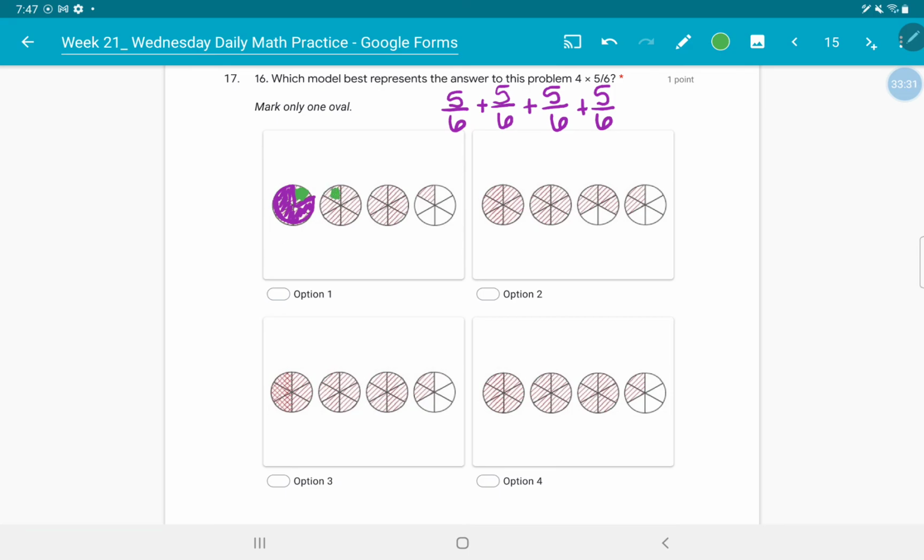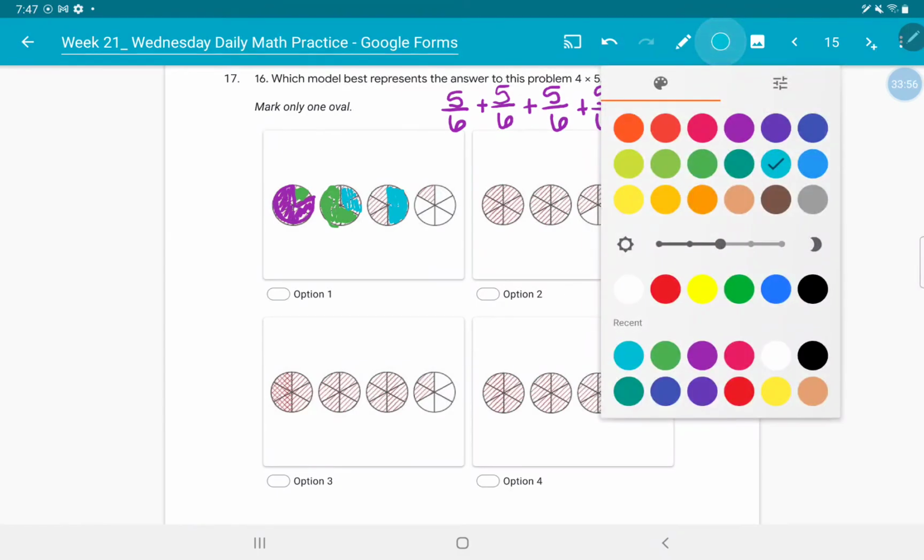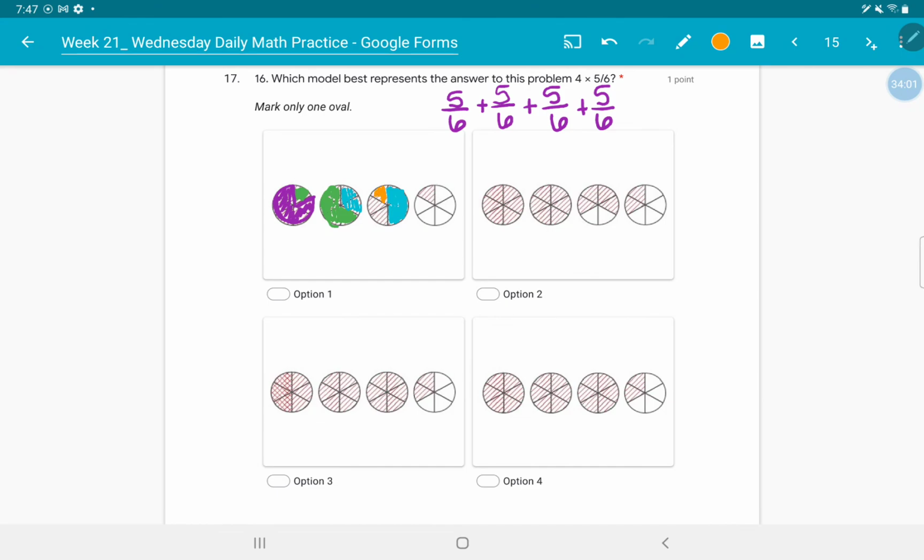I'm going to change colors. 1/6, 2/6, 3/6, 4/6, 5/6. There's my second one. Change again. 1/6, 2/6, 3/6, 4/6, 5/6. Okay, there's my third. So I need 5/6 more. 1/6, 2/6, 3/6, 4/6.